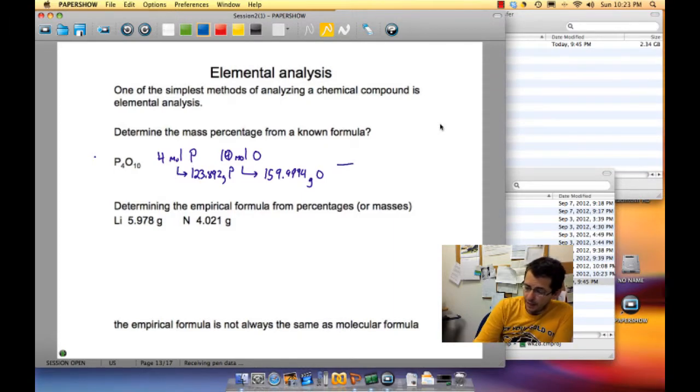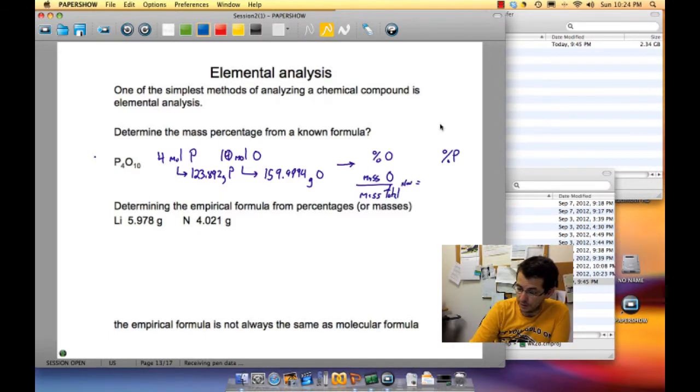We can then find out the percent oxygen and the percent phosphorus simply by dividing the total mass of the oxygen divided by the mass total times 100 to give us our percentage.